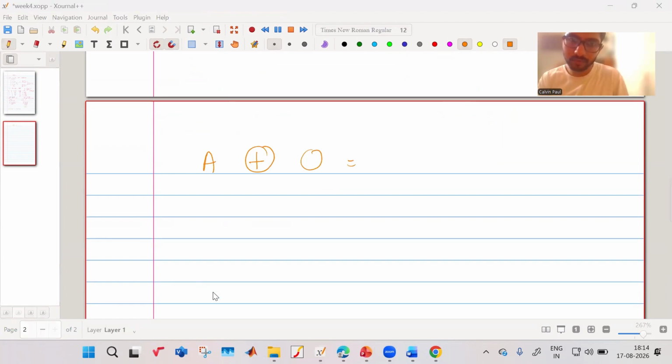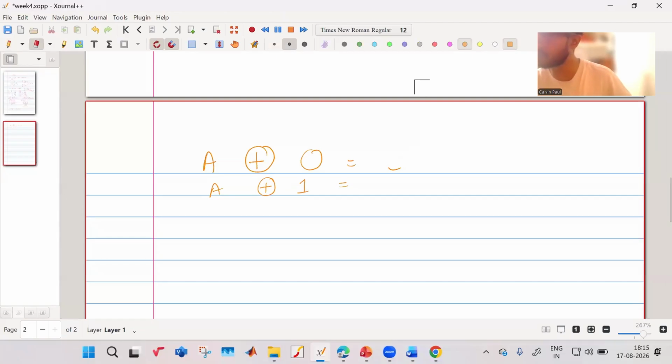Suppose you have A XOR 0. What will the output be? A. Sorry, A XOR 0 is A. I'm so sorry.